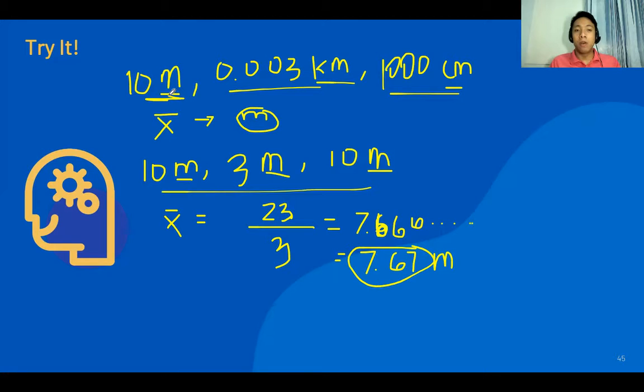Whatever unit the desired average is in, you need to stick to that one. Here, meters is what is asked, so the kilometers and the centimeters, we need to change to meter units. I'm adding this because maybe later you'll say, sir, the quiz was so easy, why did it have different units? At least now you know how to do it.